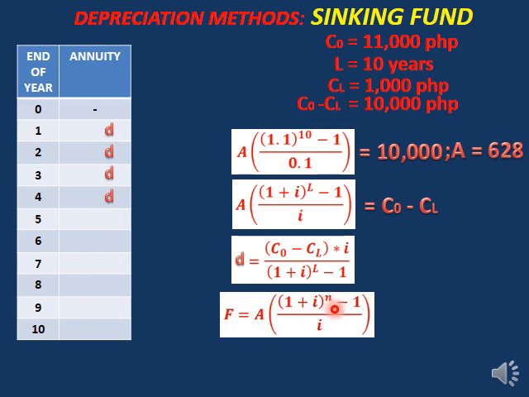Instead of A, we replace it with the amount D, because the amount deposited is actually the depreciation, and the future amount is the total amount depreciated. This is the formula for the total depreciation of the machine under the sinking fund method.